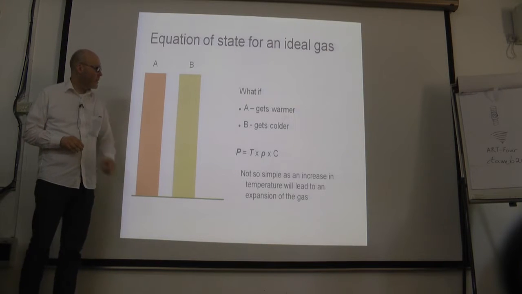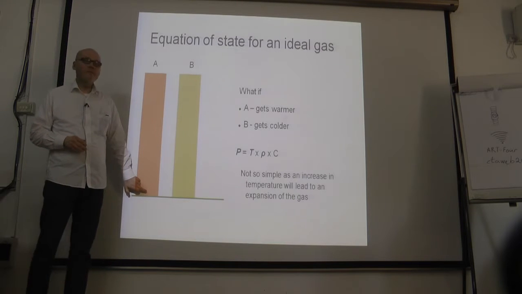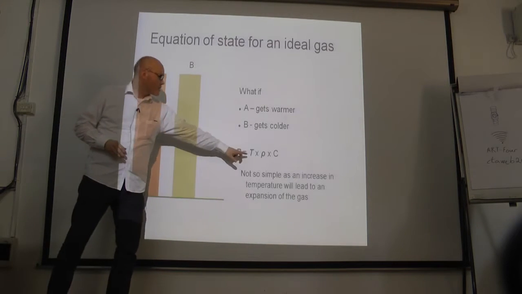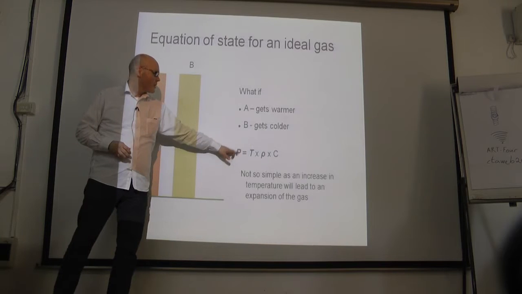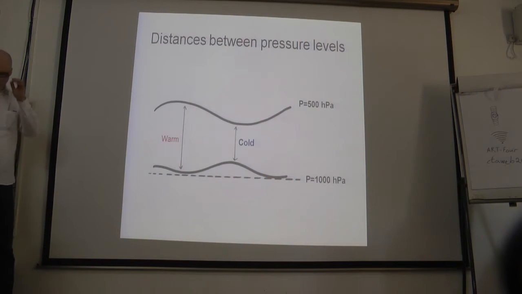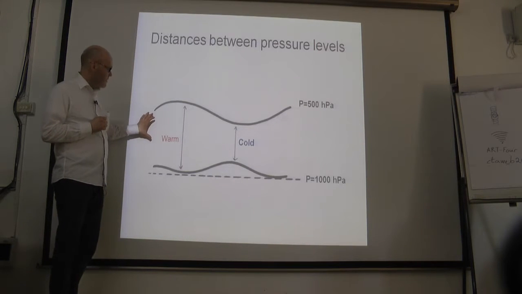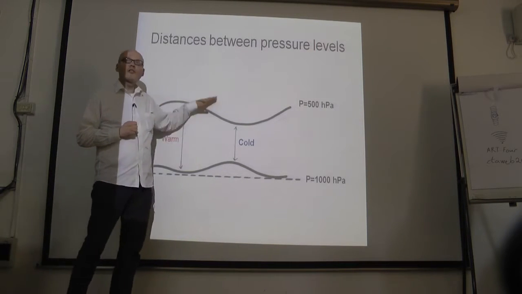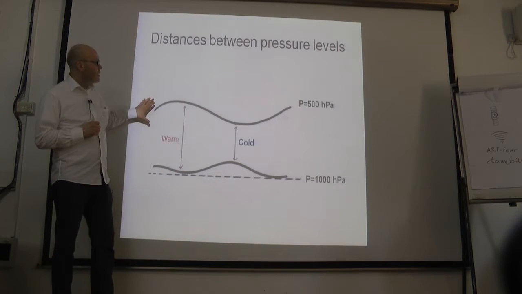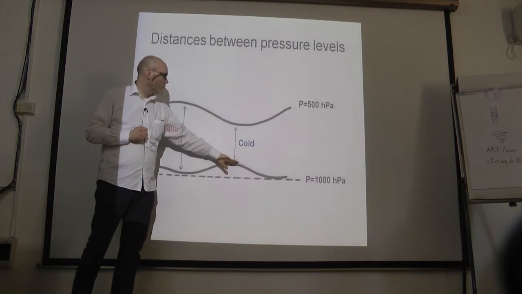compared to this one, we cannot deduct very simply that increased temperature gives increased pressure. The atmosphere is more complicated than that, and that is represented by this cross-section through the lower part of the troposphere, where we have cold columns.